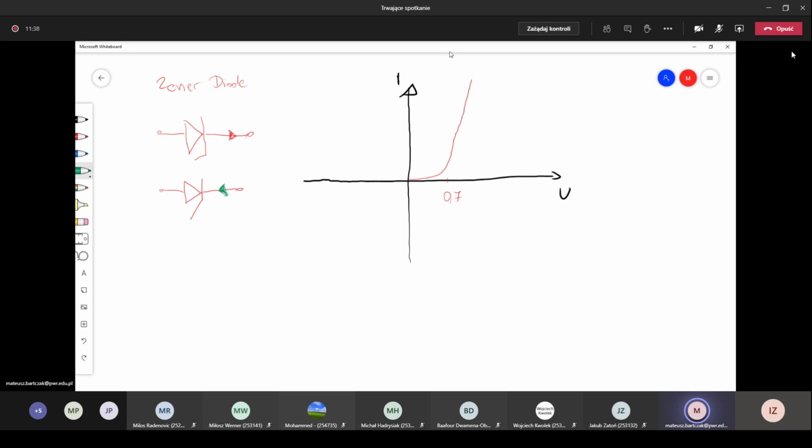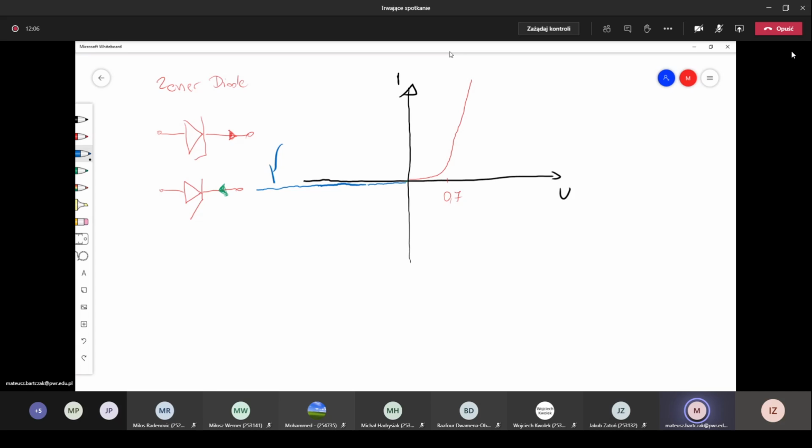When the diode is configured in the reverse configuration, for the normal rectifier diode, the diode blocks all of the reverse current.